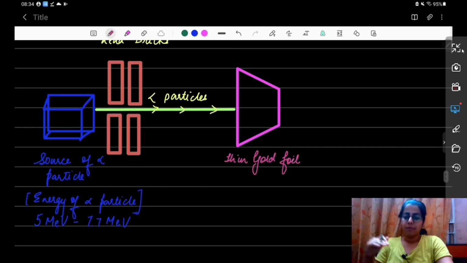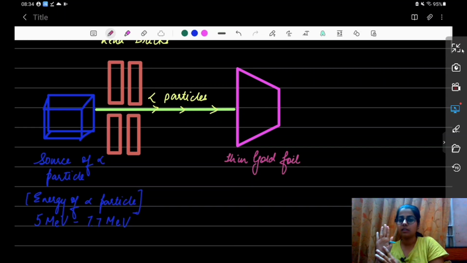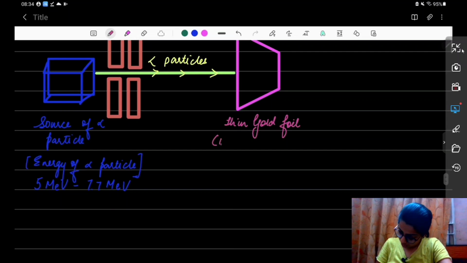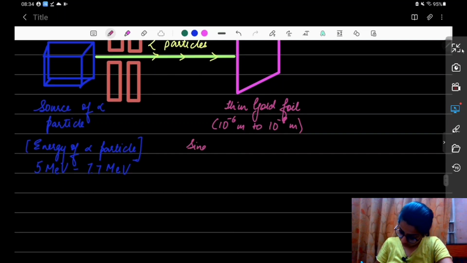One more thing, this gold foil is so thin that there is only a single layer of atoms. Behind that atom there is no other atom. This sheet is so thin that throughout the sheet there is one single layer, and behind that layer there are no atoms. Its thickness is 10 raised to minus 6 meter to 10 raised to minus 8 meter. It is a single layer of gold atoms.